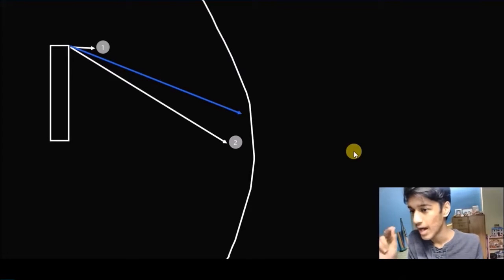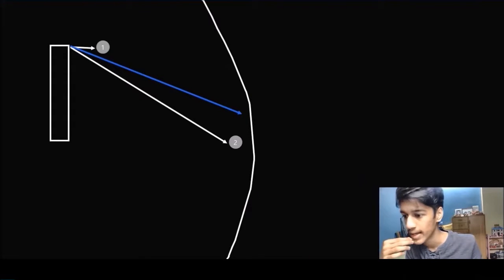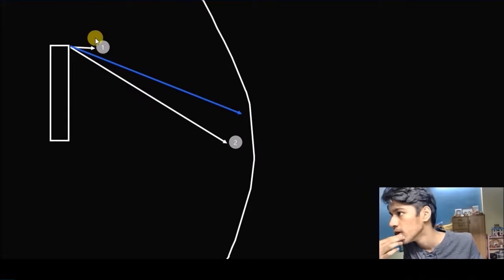Second, how far is it for the fielders to get that ball. Now let us look at the distances of that path from the fielders. As we can see, from fielder number 1 the distance is very short, and from fielder number 2 the distance is a bit long.